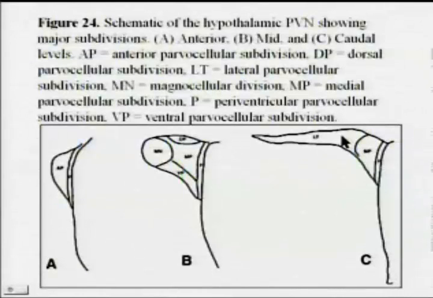So obviously heavily studied, investigated using many different techniques to delineate these subdivisions of the hypothalamic paraventricular nucleus and all the other areas that we've talked about as well, and nuclei of the hypothalamus.